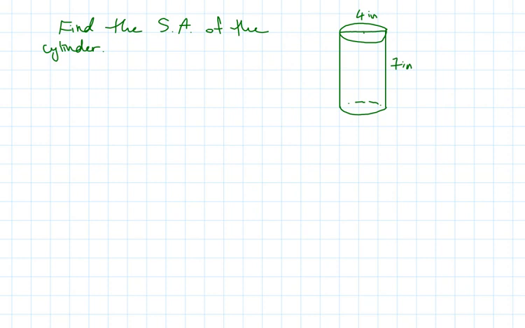We have a cylinder that has a diameter of 4 inches and a height of 7 inches. The first thing I'm going to do is convert the diameter to radius. So that's d, and this is h. You can say radius is 4 inches divided by 2, or 2 inches.